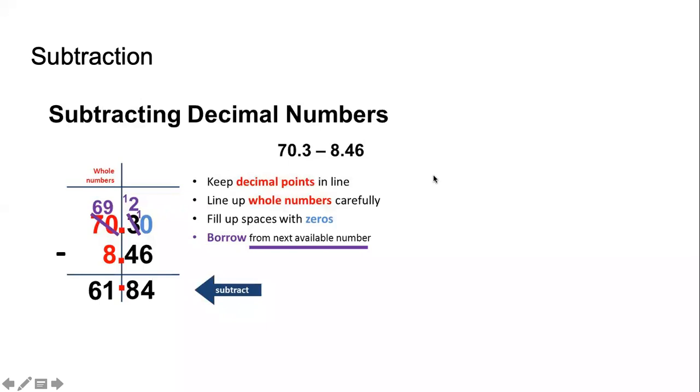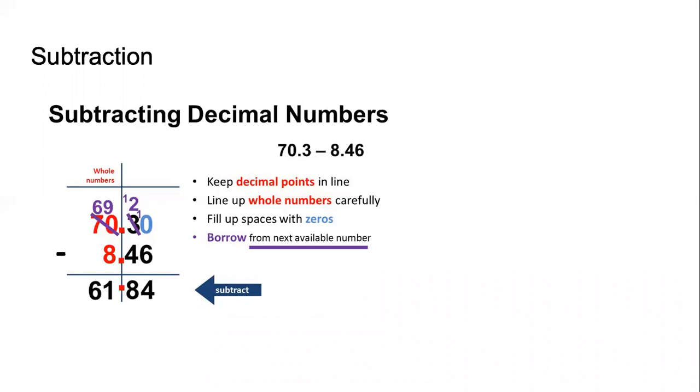The second mathematical operation is that of subtraction. No difference at all. The only thing that we need to remember is we need to align the decimal points. So here we are trying to do the subtraction 70.3 minus 8.46. So we are trying to subtract 8.46 from 70.3.